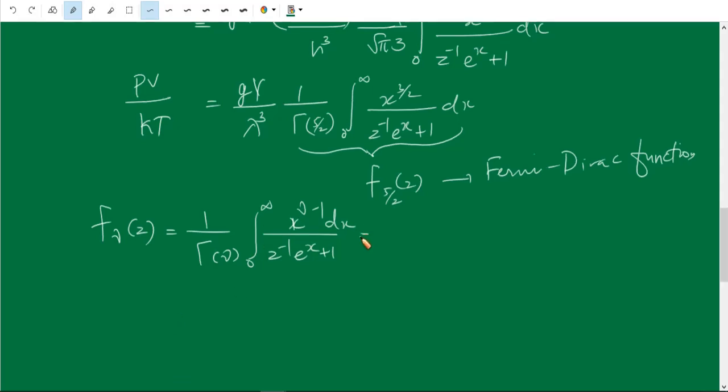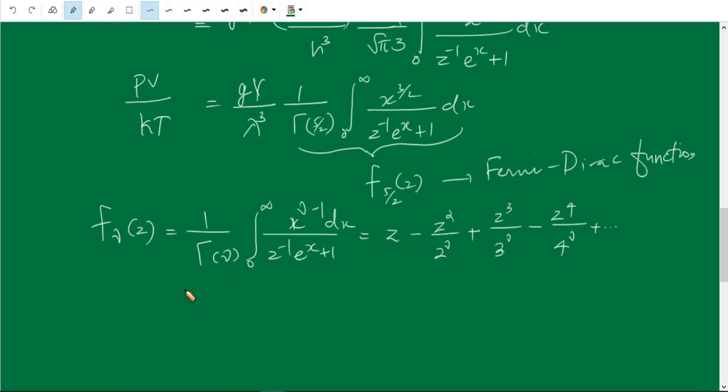The Fermi-Dirac function can be written in series form as f nu of z is equal to z minus z square divided by 2 power nu plus z cube divided by 3 power nu minus z raised to 4 divided by 4 power nu, and so on. Here alternate terms have negative sign.